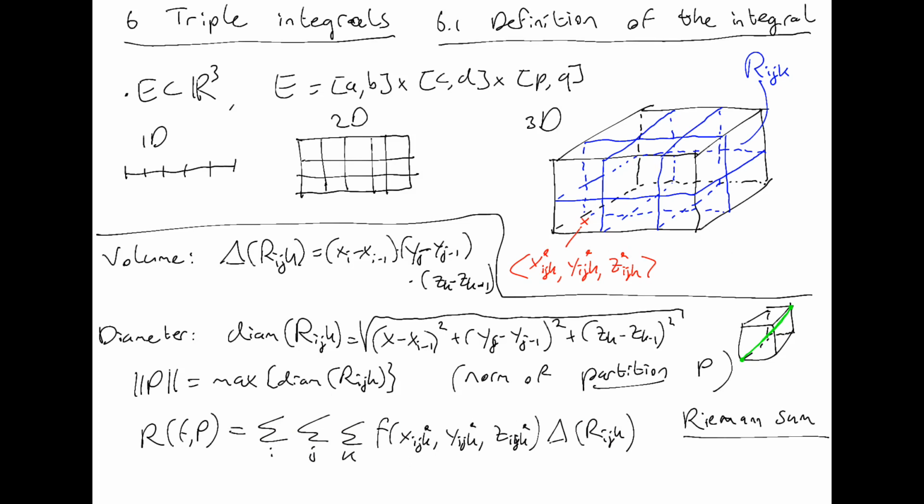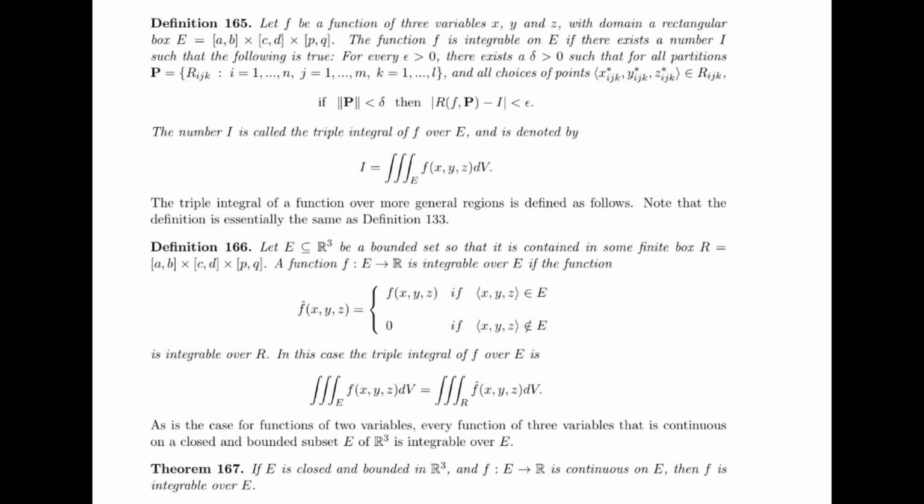Now let us look at the theorems that we get. Okay, so the definition of the Riemann integral, which is definition 165 in the course notes, is basically the same. So we have a function of 3 variables, which has domain now a rectangular box.